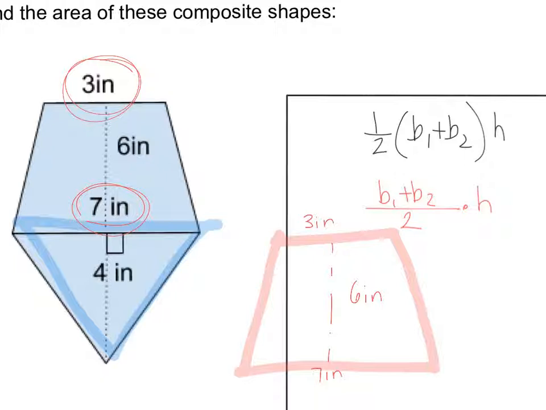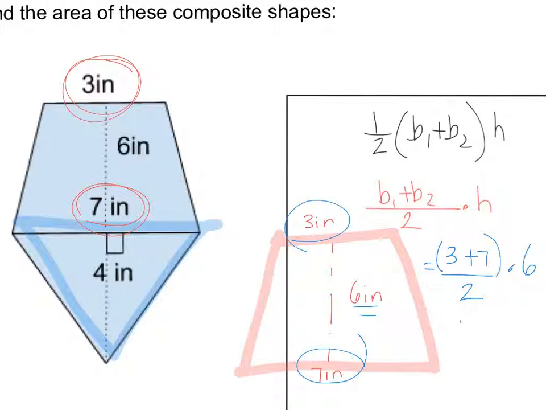If I plug these into my formula, I am going to get 3 plus 7, because that's base 1 plus base 2, divided by 2, and then multiplied by the height of 6. Well, 3 plus 7 is 10, and 10 divided by 2 is 5, and 5 times 6 is 30. So I know that the area of the trapezoid is 30 square inches.